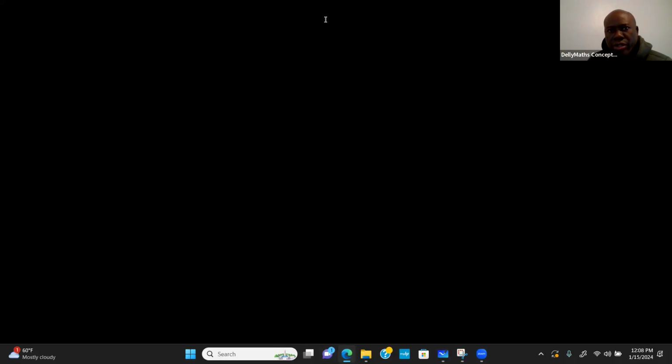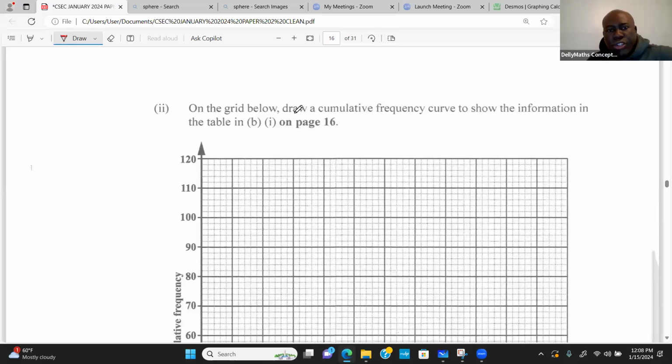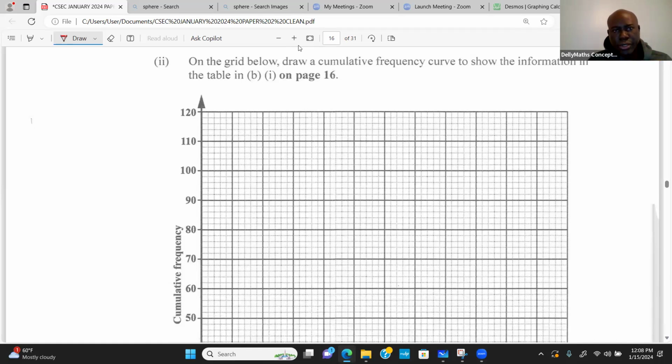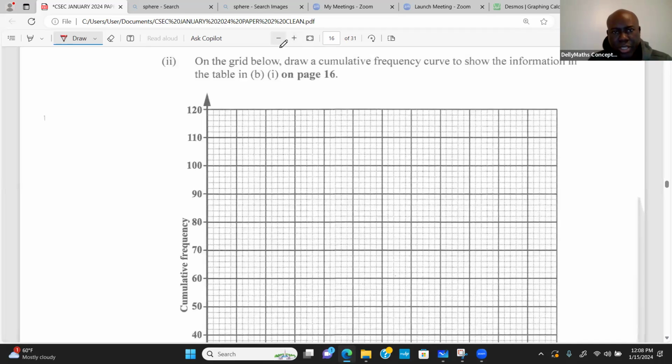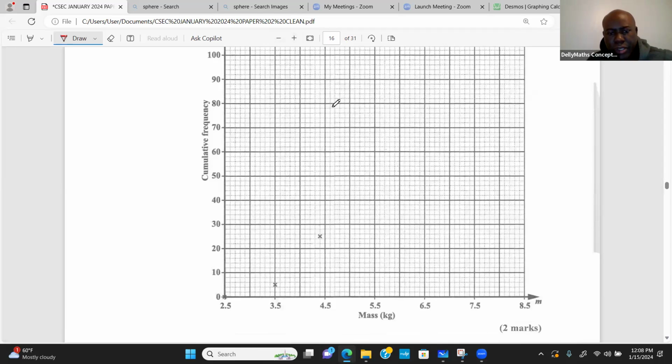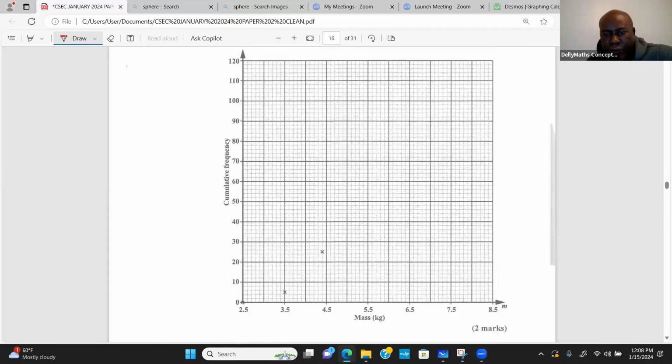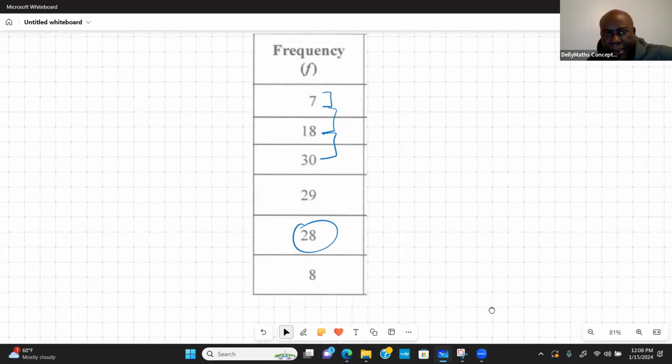So now what we're going to do here, it says on the grid below, draw a cumulative frequency curve to show the information in the table. So we're going to drop this information on. For the cumulative frequency curve, you must use the cumulative frequency.